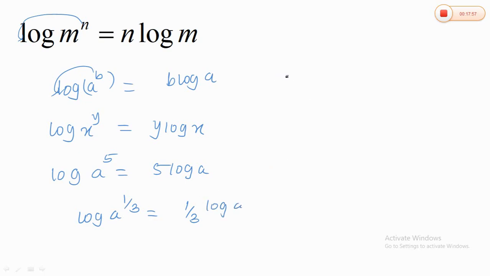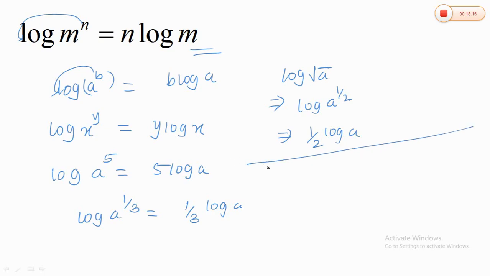Similarly, log root a. So this implies log a raised to 1 by 2. According to this rule, it is 1 by 2 log a. Again consider, I will mix the previous properties also here.